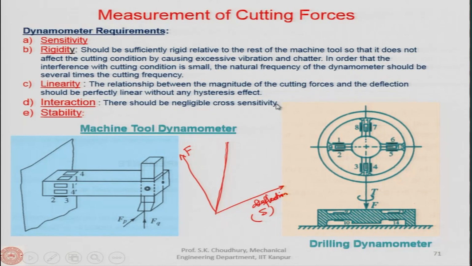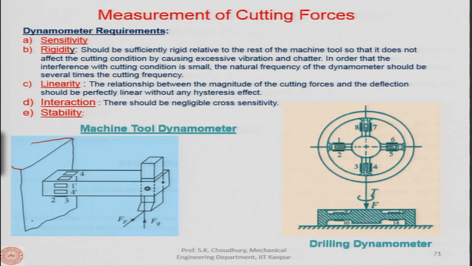Now, the machine tool dynamometer, actually this is disturbing, so I will just remove this. Machine tool dynamometer, if you see here, these are the designs. Here what is shown is the dynamometer that is used in turning. Okay. So, this is the fixing of the cantilever beam type.